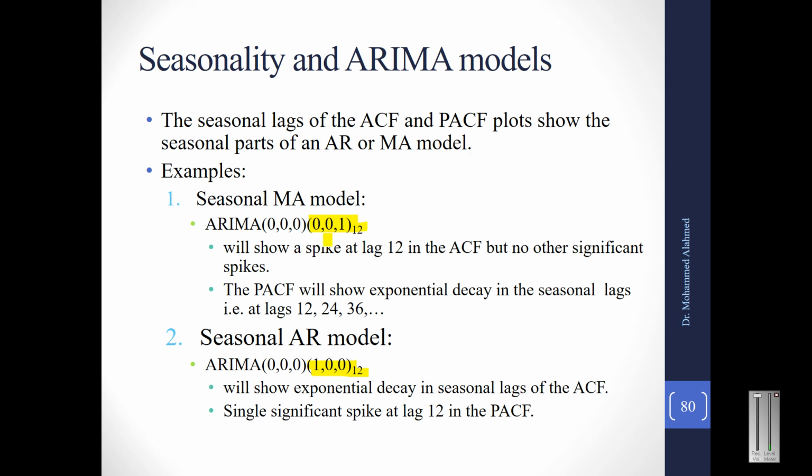The left hand side is the ARIMA, and this represents the seasonal component. If I bring the pen here, this represents the MA. So it says it's a seasonal ARIMA model with MA of 1 at the 12th month. This is a seasonal ARIMA model with AR1 observed at the 12th instance.